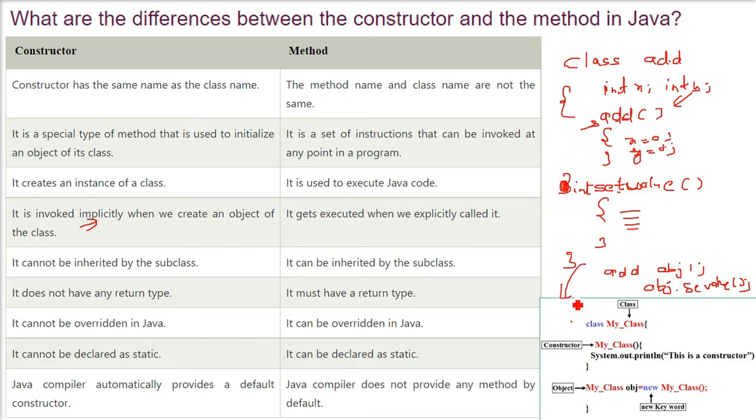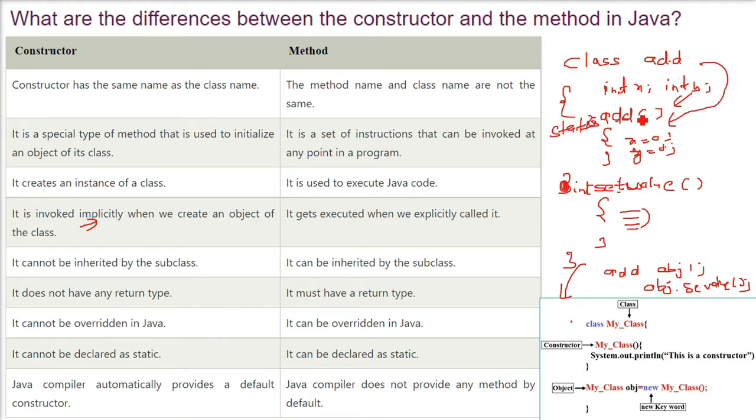And this overriding is all about, if you are inheriting, you are making the same function in a different way. Constructor cannot be declared as static. The method is user defined.